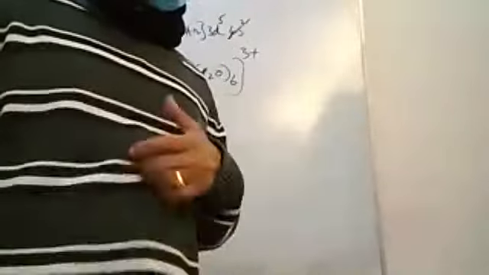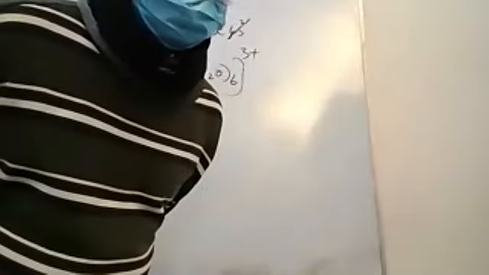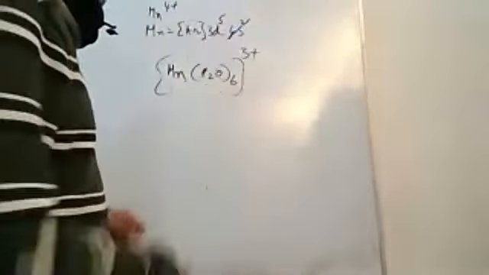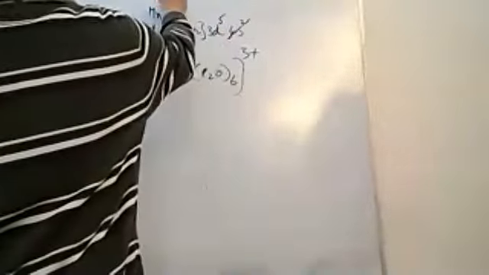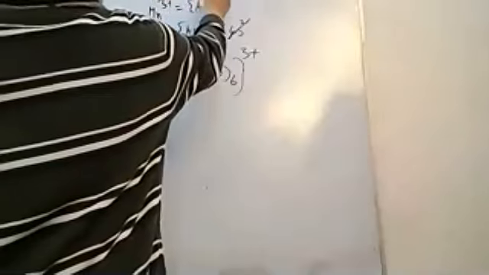When we come to manganese 3+, things are going to get a little messy, and we will see why that is the case. So before we do that, what's the electronic configuration of manganese 3+? It should be argon 3d4, right? Agree with me? Yes. Great.